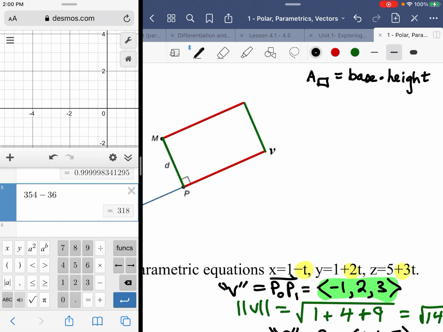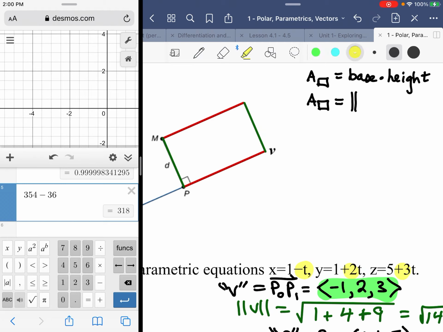We also know that the area of a parallelogram is going to be the magnitude of the cross product of two adjacent vectors.